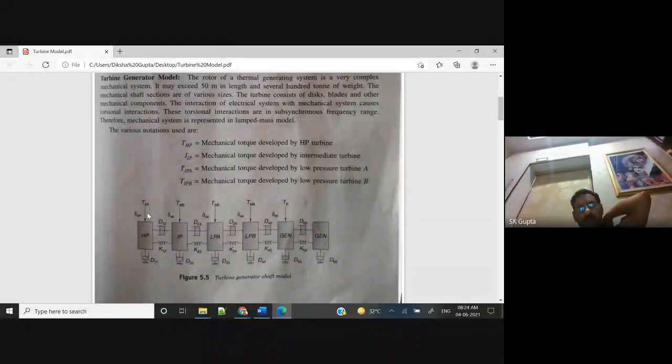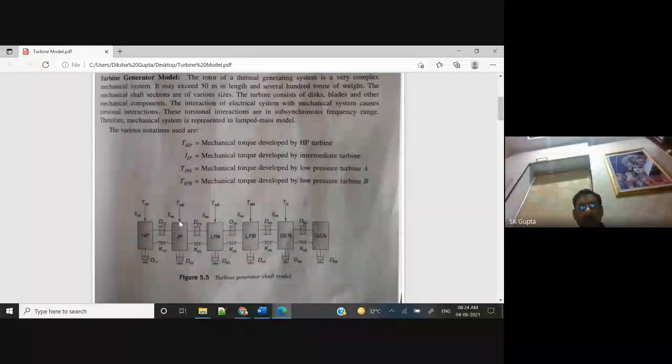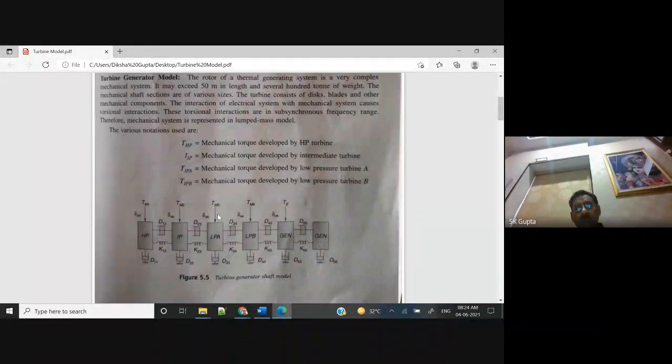It gives some mechanical power, some fuel entry is given to this, and because of this mechanical torque, high pressure is produced here, then another intermediate pressure here. Mechanical torque is given as input. The fuel of one is used in another turbine part, then another turbine part. So everywhere there will be input torque entering.